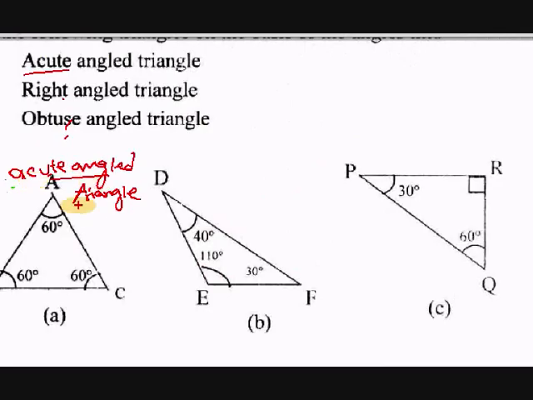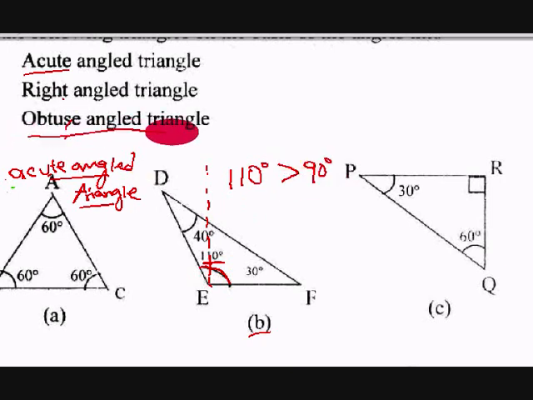Let us take example B. What is this angle? This angle is 110 degrees. Where does 90 degrees lie? 90 degrees lies here, so this is greater than 90 degrees. What fits this? That's called an obtuse angled triangle. Obtuse means greater than 90.